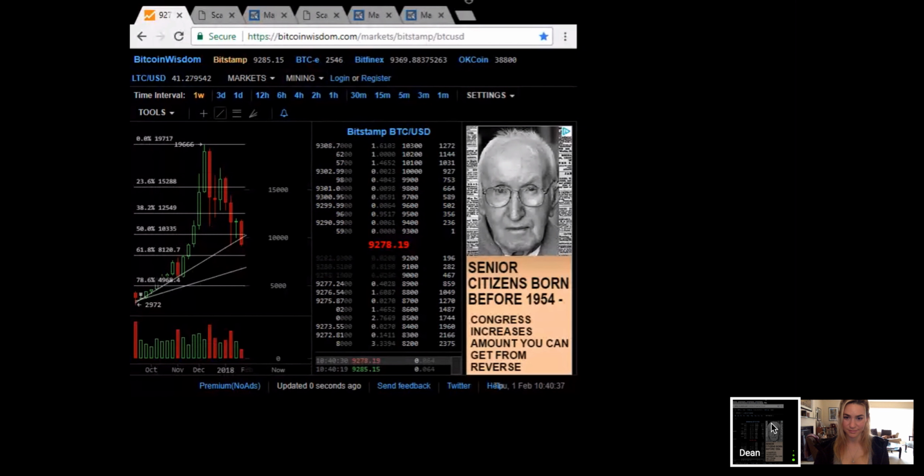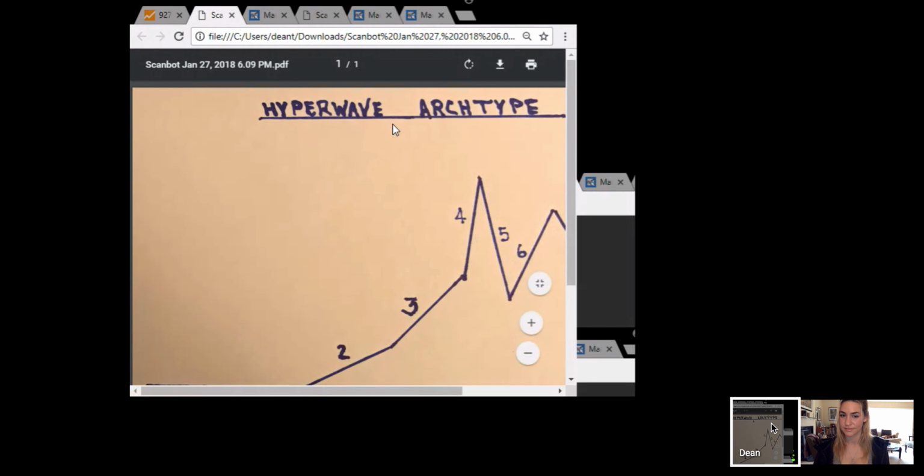And you should be able to see the chart, and now you should be able to see the hyperwave.